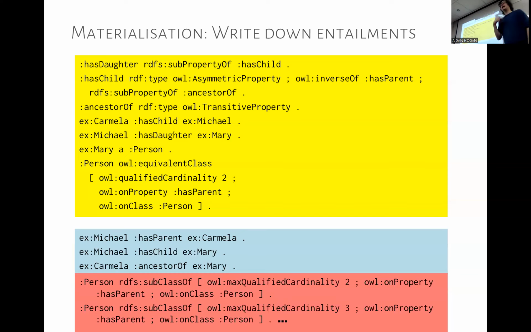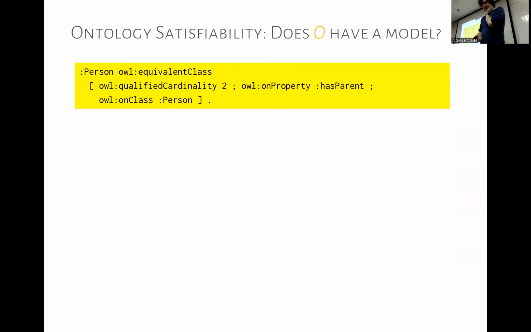If somebody has 2 parents, it means they must also have at most 3 parents, at most 4 parents. But subclass, not equivalence, right? So if you have exactly 2 parents, you're also in the class that has at most 3 parents, at most 4 parents, and so forth. So we can get an infinite number of subclass axioms in this direction.